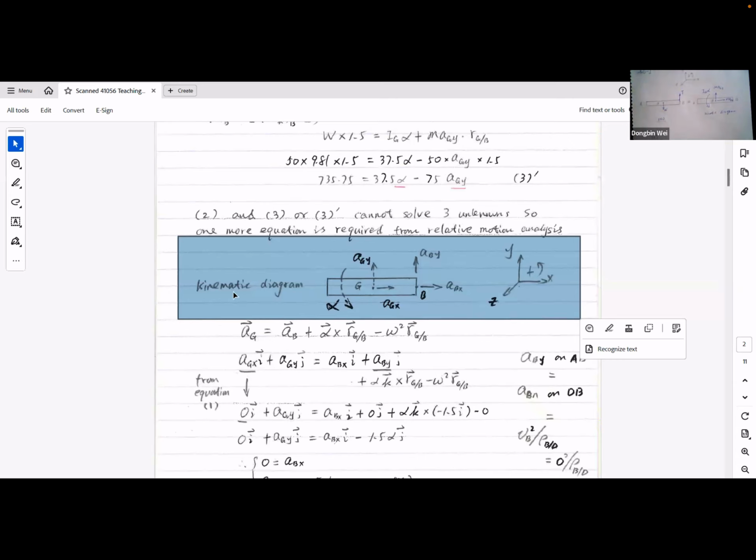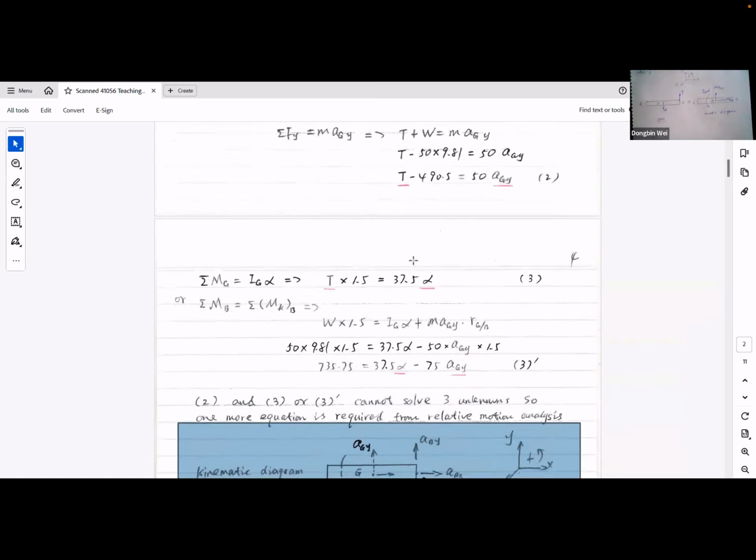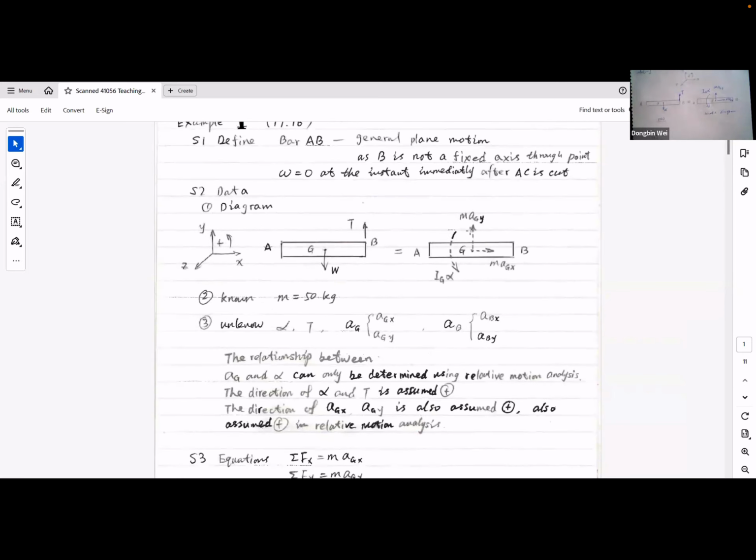Now, in this kinematic diagram, we still use the directions indicated in the kinetic diagram. Alpha counterclockwise, AGY, AGX, these 2 we assume positive.